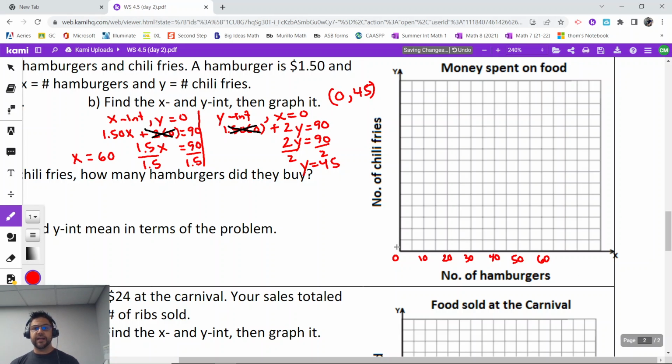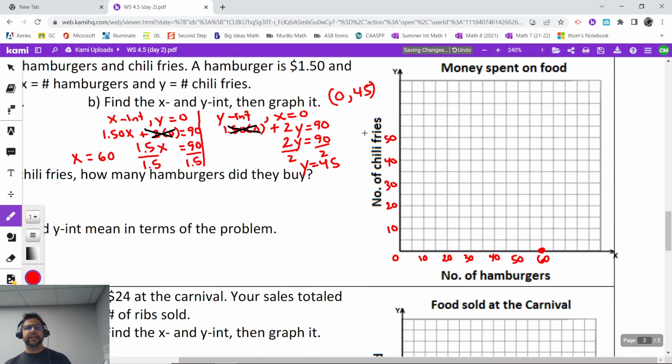Same thing on the chili fries axis: 5, 10, 15, 20, 25, 30, 35, 40, 45, 50. I think that's good. Because again, my x-intercept was 60, 0. Remember, that's on the x-axis, so I'm going to put a dot here at 60, 0.